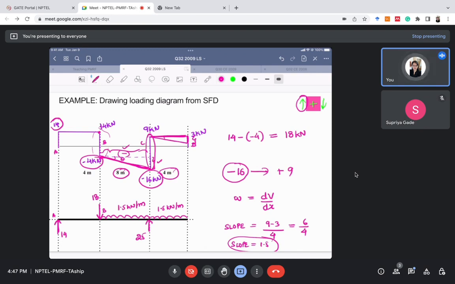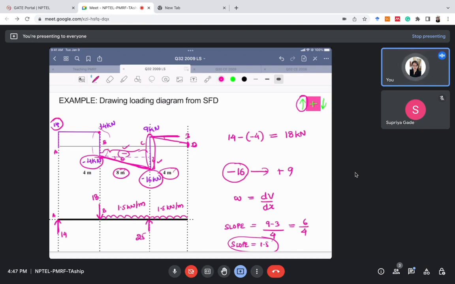Now, at section D, we have encountered a sudden drop in the shear force diagram, and the drop amount is 3 kilonewtons. When we encounter a drop, it means a downward point load.